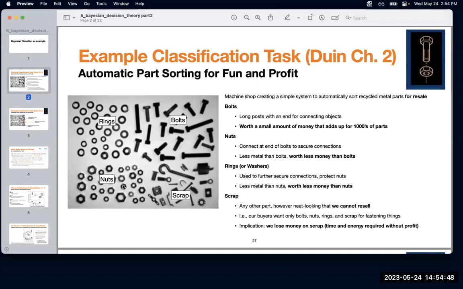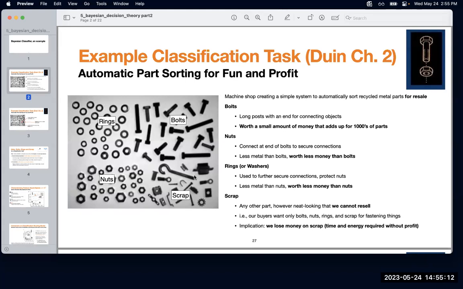So here we have an example of a task where we want to sort parts like small metal pieces that could be rings, could be nuts, could be bolts, but could also be just scrap. And what we define by scrap is just pieces that we cannot really make any use of.